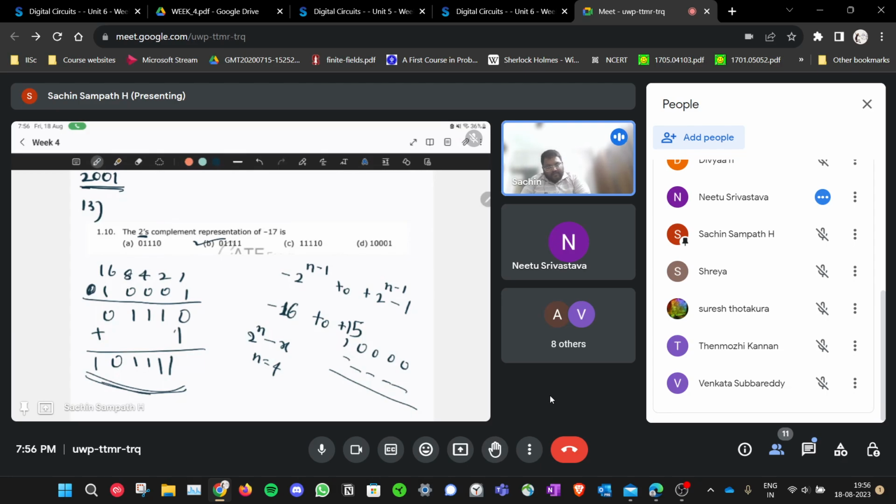For 1's complement, they had given it as minus 2 power n minus 1 minus 1 to plus 2 power n minus 1 minus 1. Then the statement said that using two's complement representation, you can represent numbers from minus 16 to plus 15, right? What does that mean? If you can represent only negative numbers, then how did they count till plus 15?